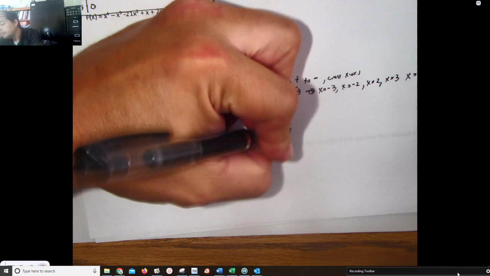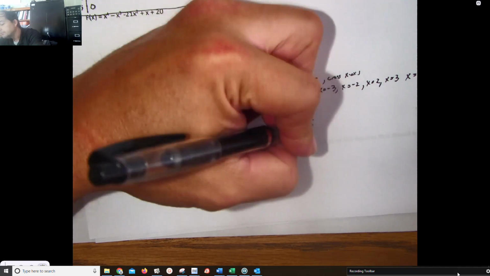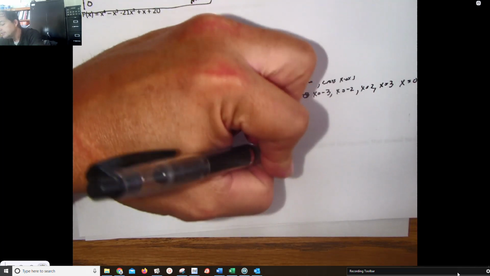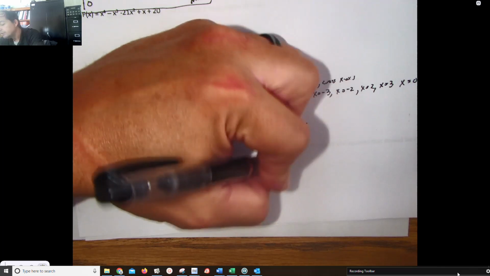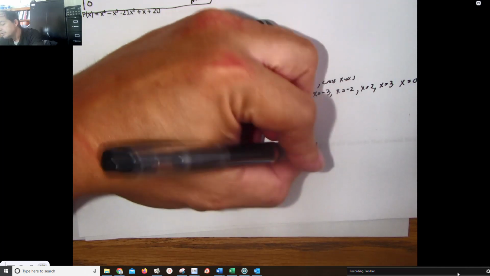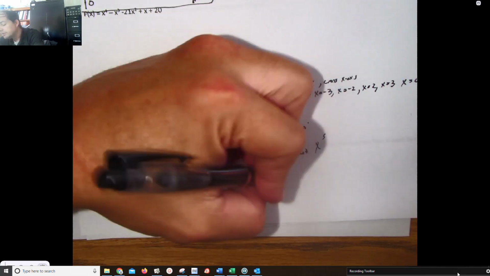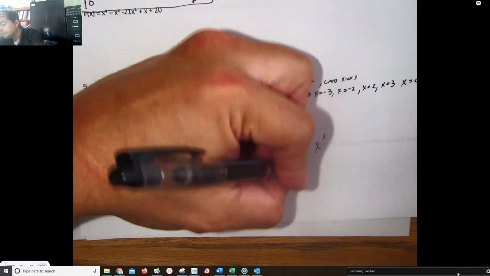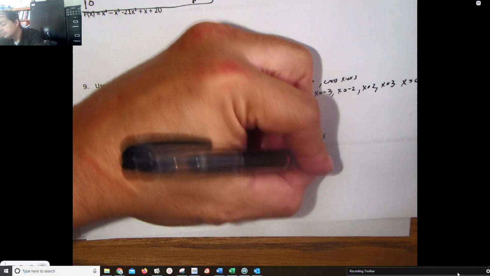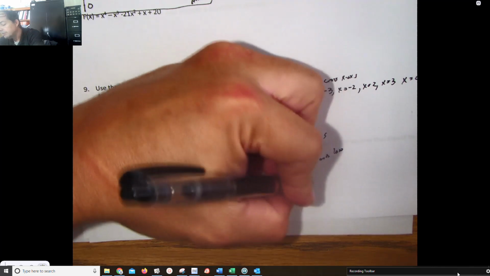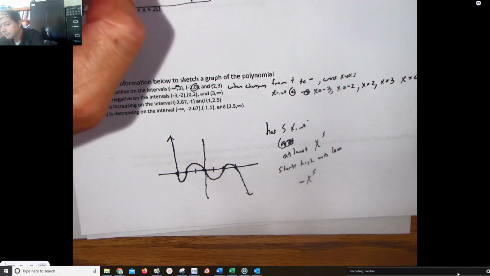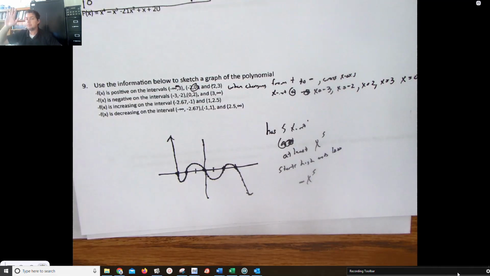It has 5 x-intercepts. It is at least, if I can write, x to the 5th. And since it starts high and ends low, I know it's got to be a negative x to the 5th, because if it was positive, it would do this. Anyways, not that you care.